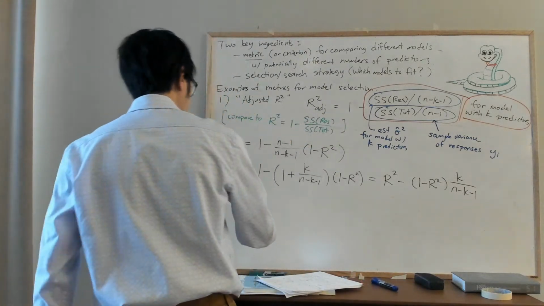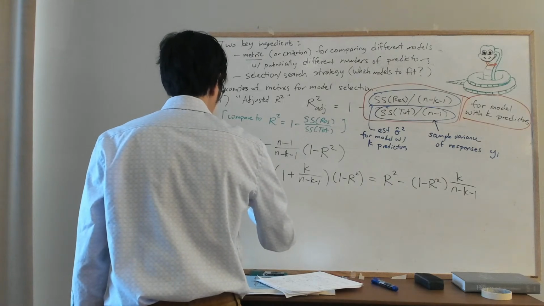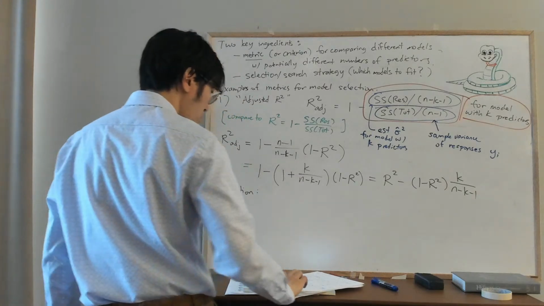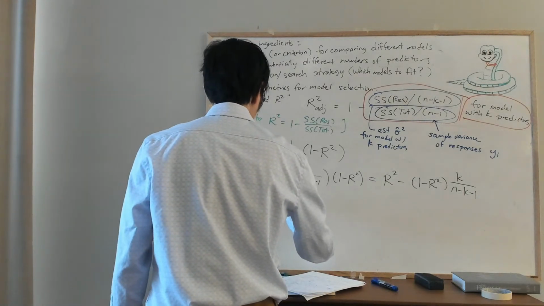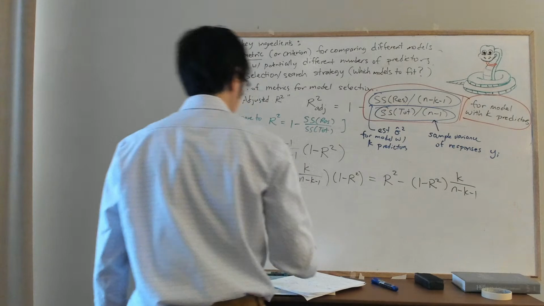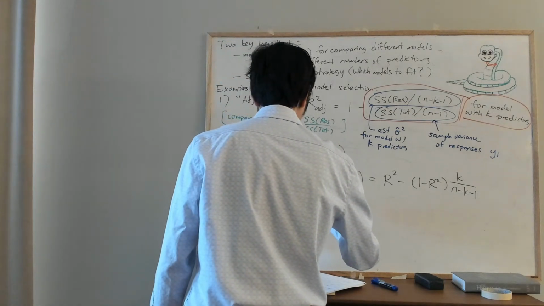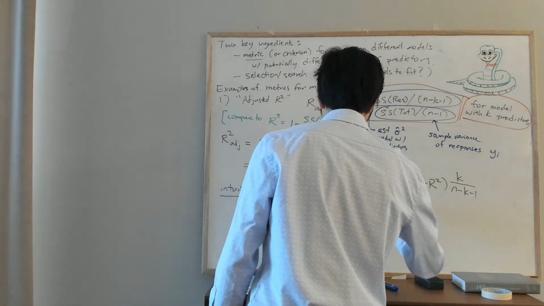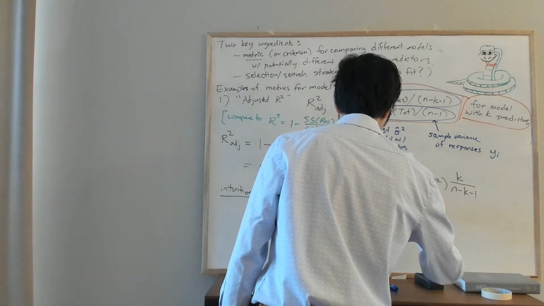Okay, so intuition. Why do we define r squared adjusted? Well, this r squared adjusted accounts for the number of variables in the model.